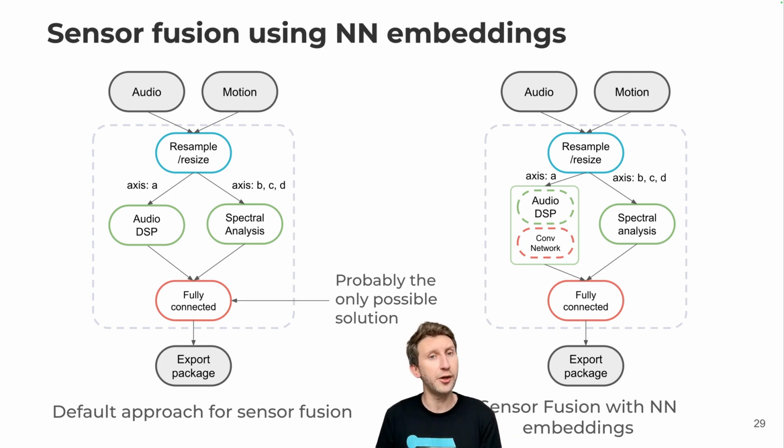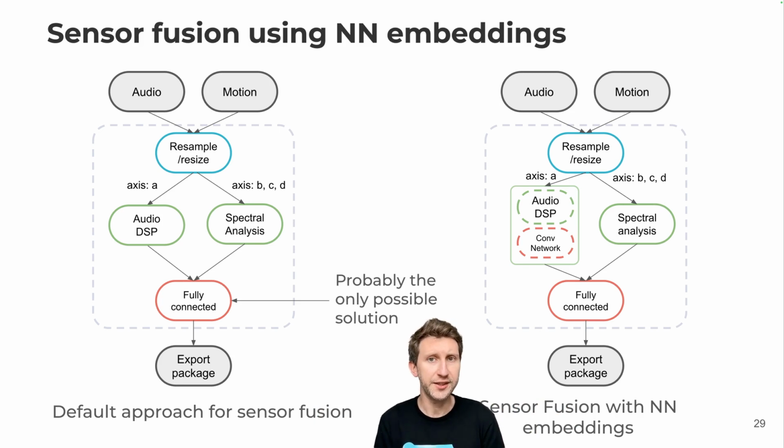They have distinct characteristics. This incompatibility sometimes makes it challenging to use convolutional neural networks, which we know are pretty effective at extracting information from a spectrogram or from images. As a result, if you use this default approach, you may only be able to use fully connected networks in your learning blocks.